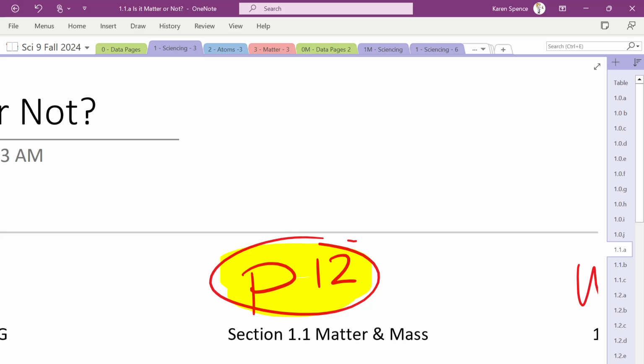Okay, let's get packed up. We still have 10 minutes left and we're doing page 12.